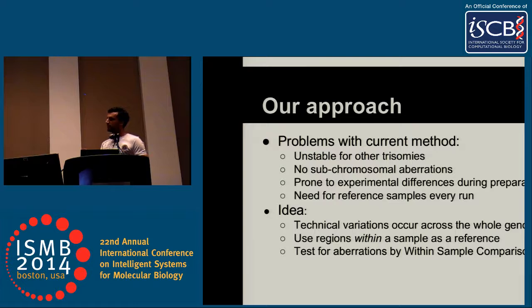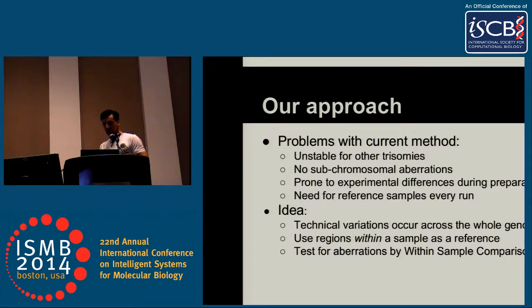So that's very costly. Our idea was that within a sample, these technical variations occur across the whole genome. So we could use regions within a sample to compare with other regions in the same sample as a reference, leaving out all the experimental effects we have in the above.